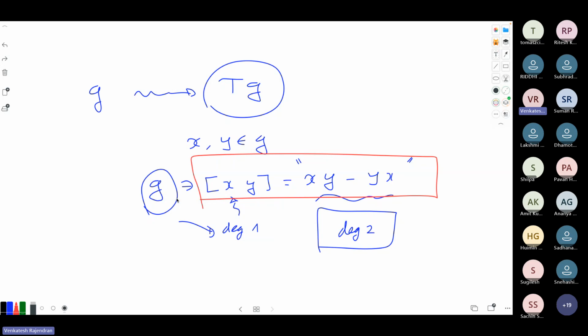That is something expected. So what do you do? You just go modulo that. That is the best way. Instead of taking TG, you construct TG and then take a quotient by some ideal.